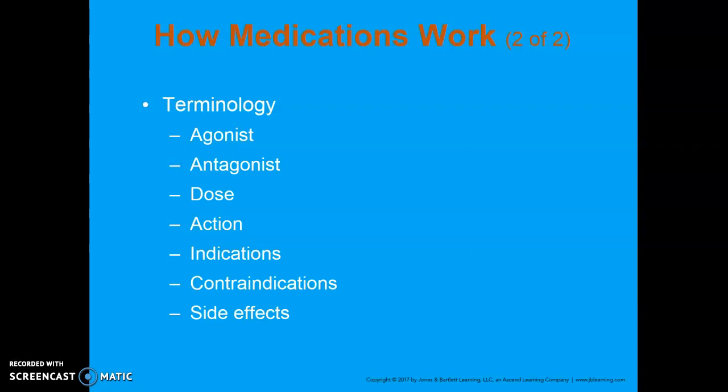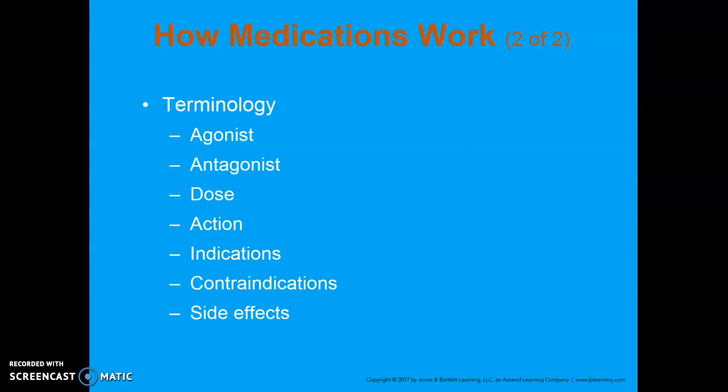Typically it depends on the patient's weight, the patient's age, or the desired action of that medication. Sometimes you have to give more in order to get the desired response. Action is the therapeutic effect that the medication is expected to have on the body. This is also referred to as the desired or intended effect.